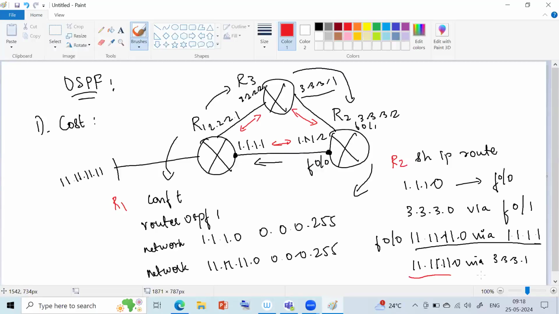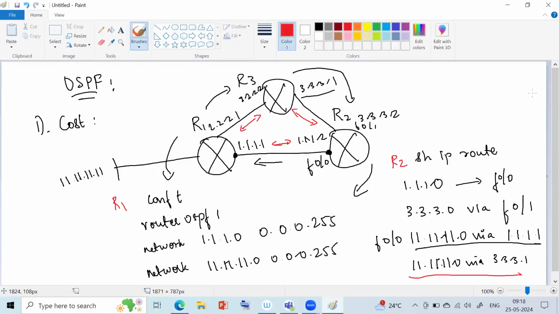Now, which is the best route to select? As you know, our interior gateway protocols always have the best route in the routing table, right? In the topology table, all the possible routes are present.